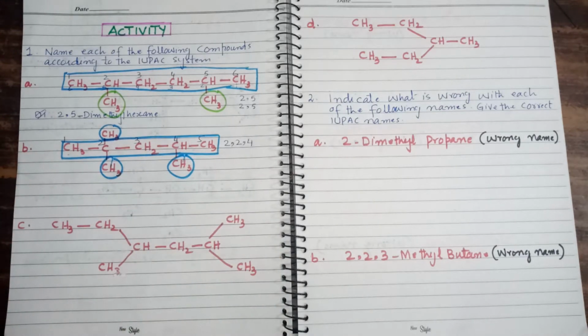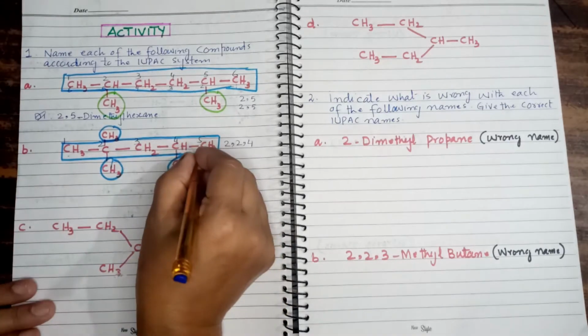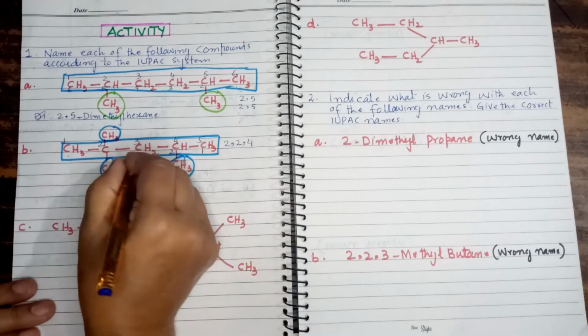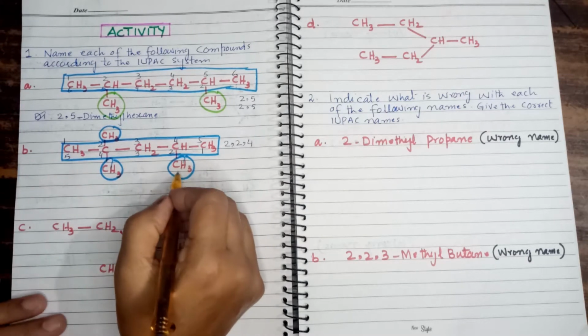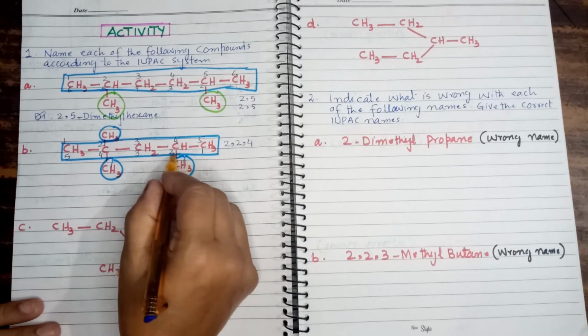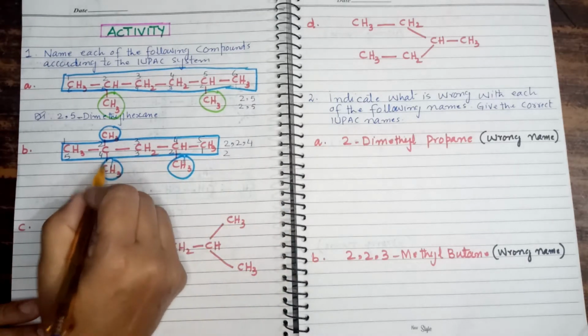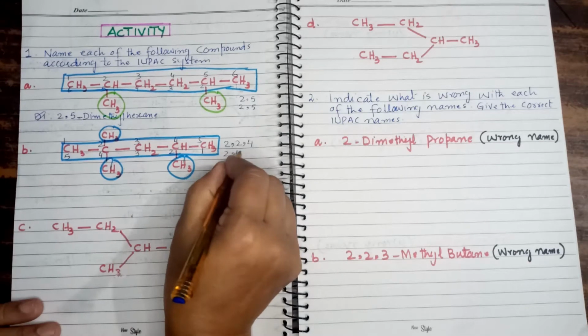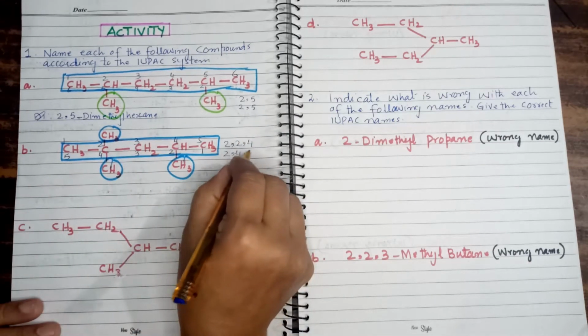Now if we do the numbering from right hand side, 1, 2, 3, 4, 5, right? Look here, this methyl radical is attached with carbon number 2 and this methyl radical is attached with carbon number 4. With carbon number 4 there is another methyl radical, right?